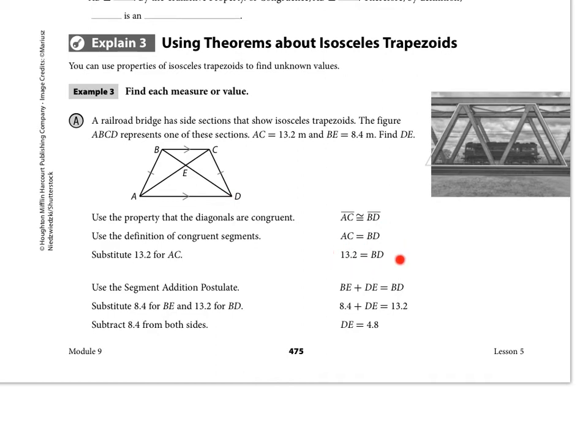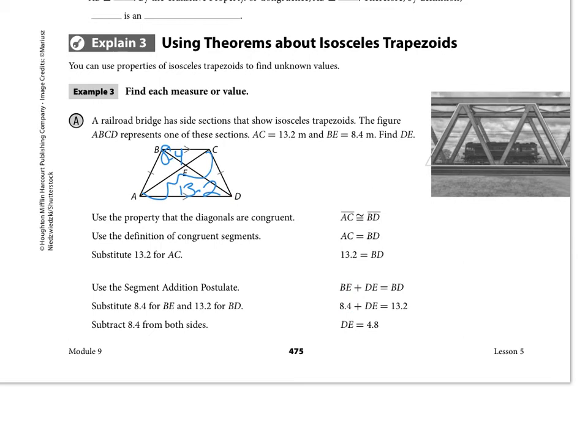We're going to substitute what AC equals, and then substitute what BD equals as the two smaller pieces put together. We've got the known 8.4, and I forgot to write that on the diagram, so let's go back and do that. This part is 8.4, and this whole thing here is 13.2.